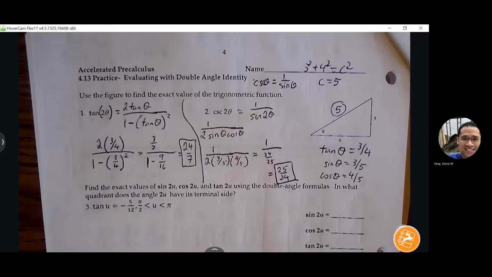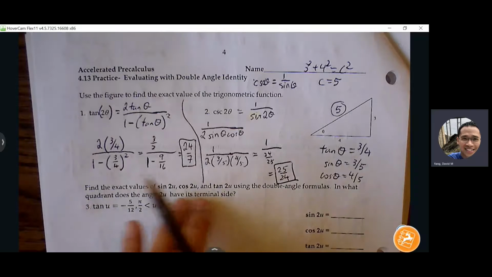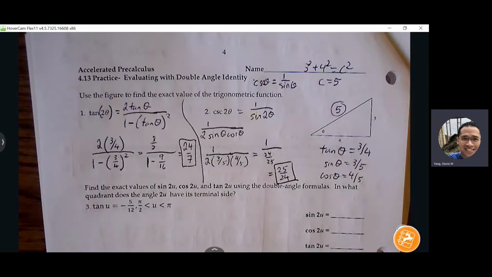So the additional challenge that we have with 3, I think we saw this yesterday, where they give you a trig ratio, and then you have to build the triangle out. And once the triangle is built out, then you can pull everything that you need, whether it's sine theta, cosine theta, tangent theta, as soon as you expanded your double angle.